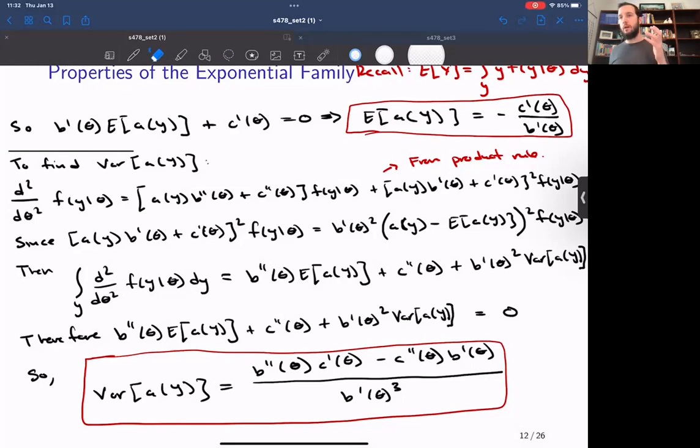Since the generalized linear model framework requires that the response variable belongs to the exponential family and is in canonical form, it makes sense that we would derive some of the properties of the likelihood function for random variables from the exponential family, because we'll be able to use those properties later when we're working with the GLMs that we're going to study.